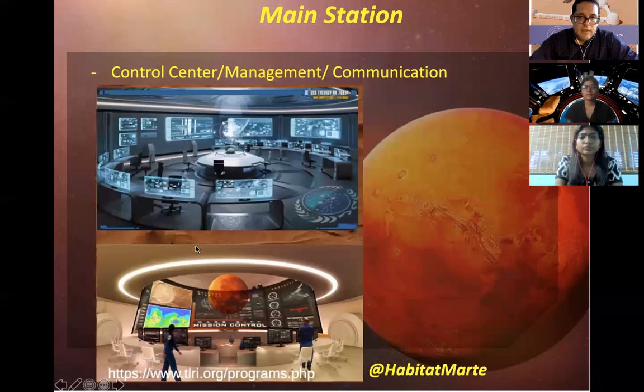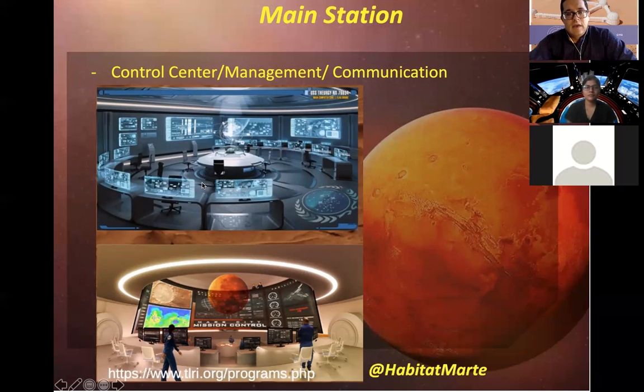In the control center we can see a lot of computer screens. These computer screens would be used for multitasking activities.